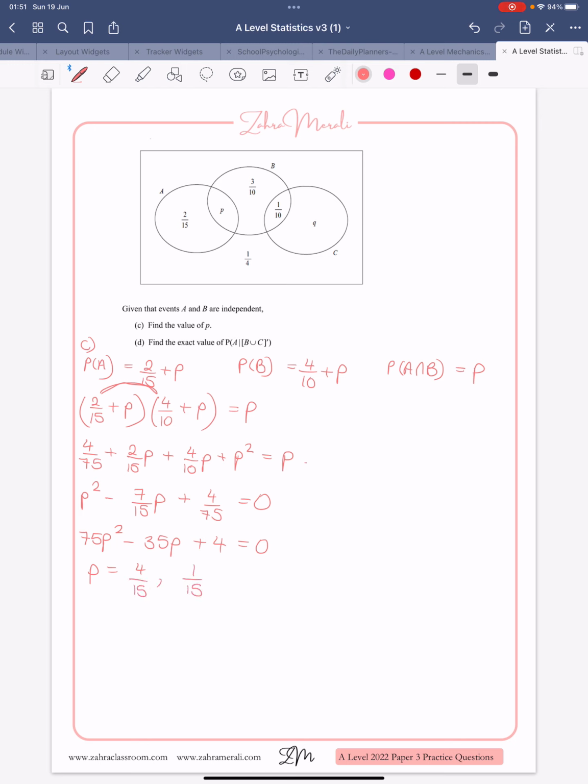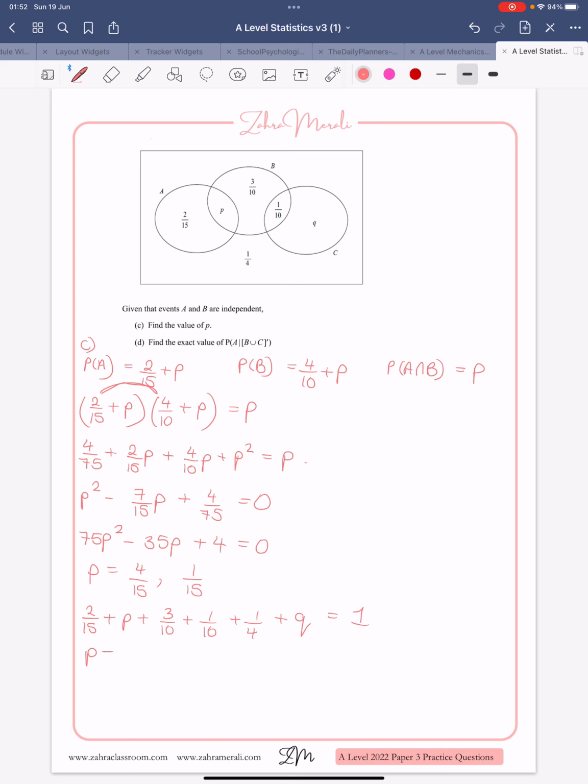Right, so to figure out which one of those it is, we know that the whole thing has to add up to 1. So we add everything up. And when we do that, we get 2/15 plus P plus 3/10 plus 1/10 plus 1/4 plus Q equals 1.